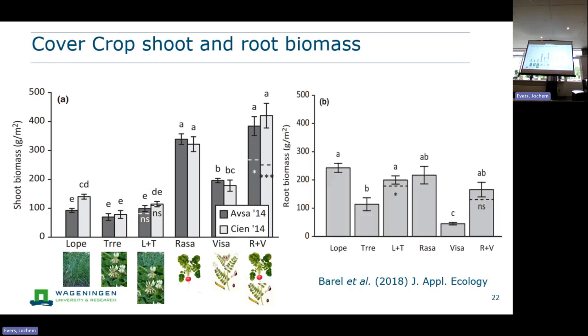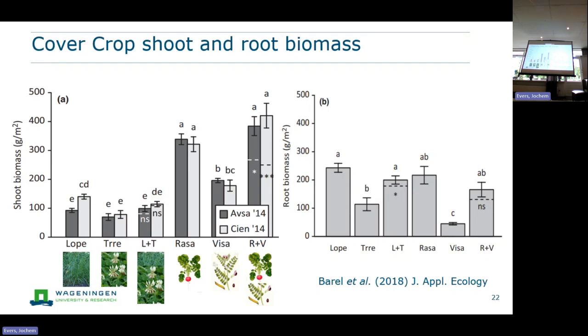But of course, as was already mentioned, I think also by Lammert, don't forget belowground. So here we have the root biomass, and actually there's a lot of root biomass going in via the grass. Maybe not surprising, but still relevant, while there's much less root biomass for these legumes.